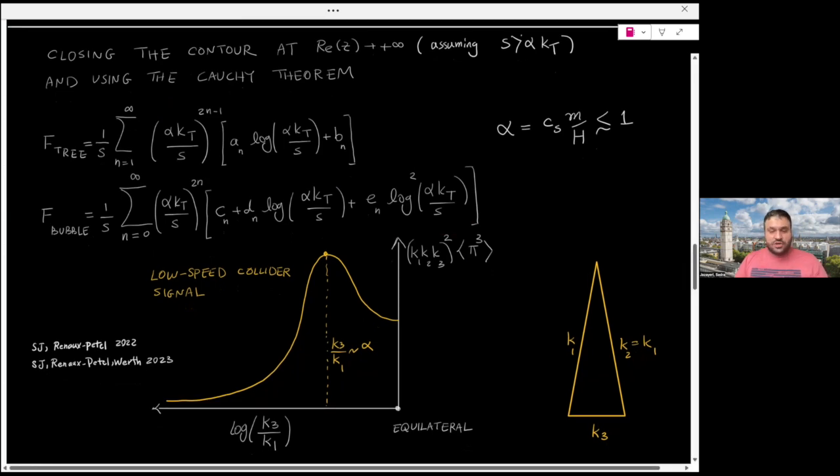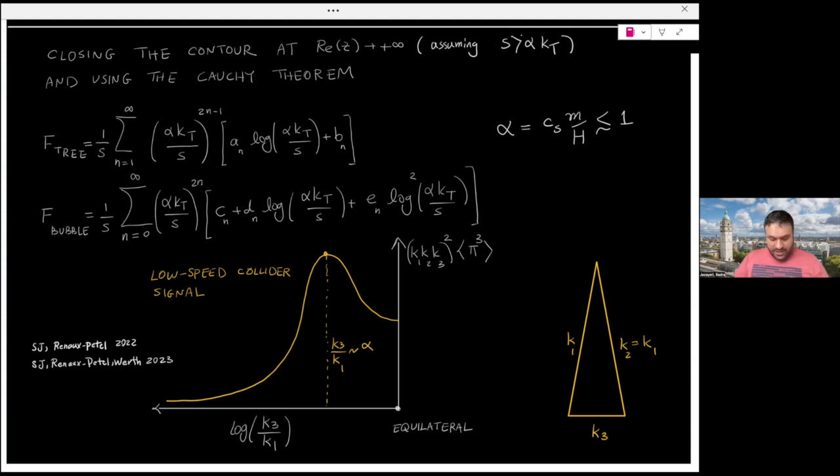So this is the general structure that we find. What is remarkable about this result is that in hindsight you discover that although we had to assume that S is bigger than alpha k_T, if you check, you can see that the radius of convergence of this series is actually infinite. So you can just analytically continue these results everywhere.